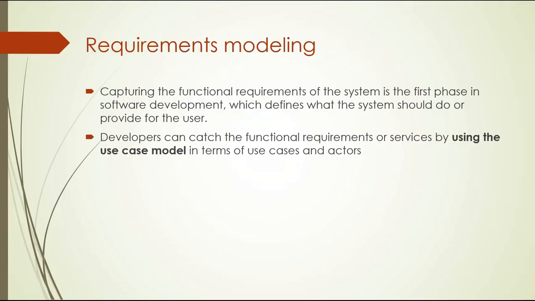So we start. In the requirement modeling, we capture the functional requirements of the system. Also, we develop the functional requirements, or we can say we explain the functions and the behavior, the communication or the relation between these functions.